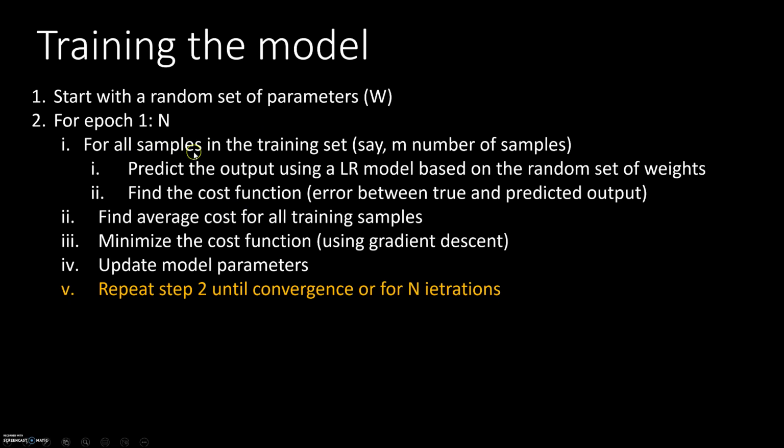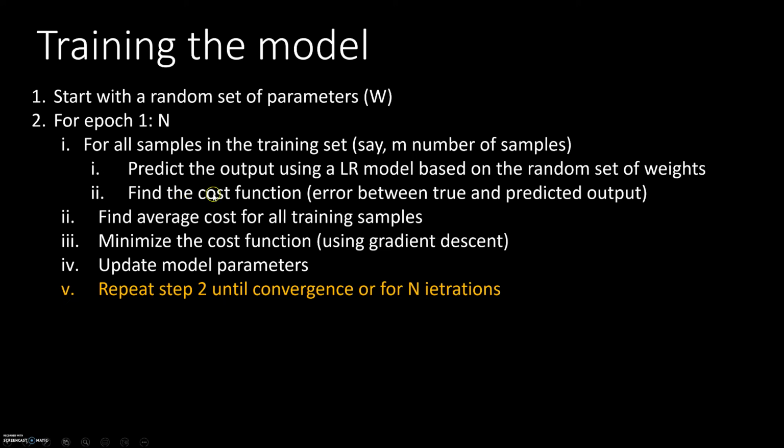So for all the samples, we predict the value and we find the error. Then we take the average error for all of the samples. Then our goal is to minimize that cost function, and the way we minimize it is using gradient descent. We will study in the next slide how we use gradient descent to minimize the cost function.